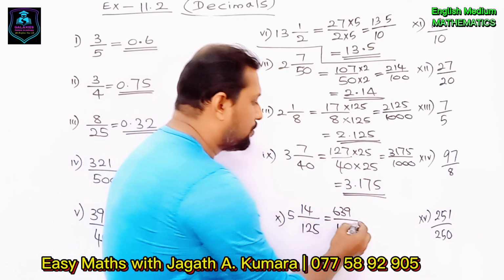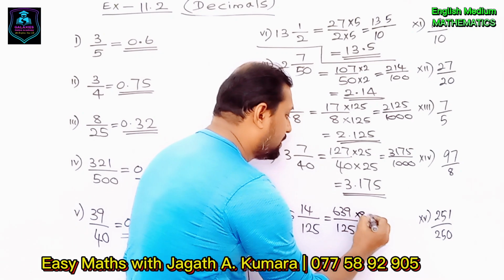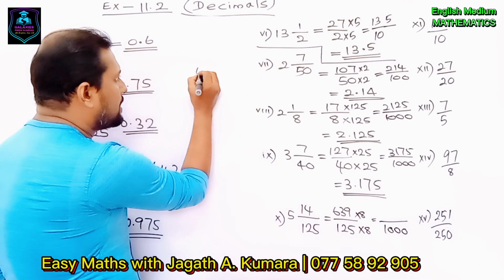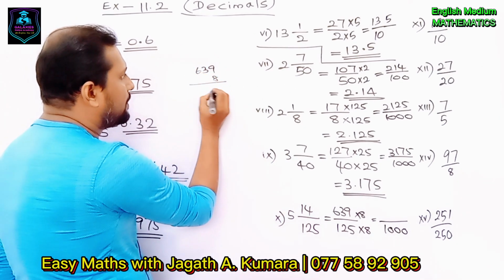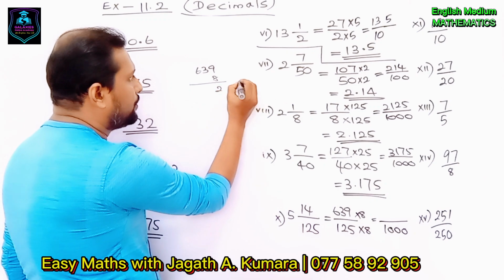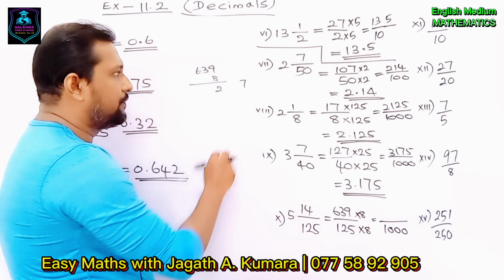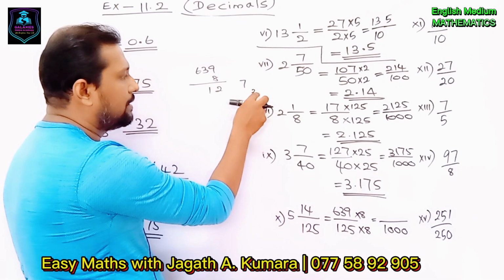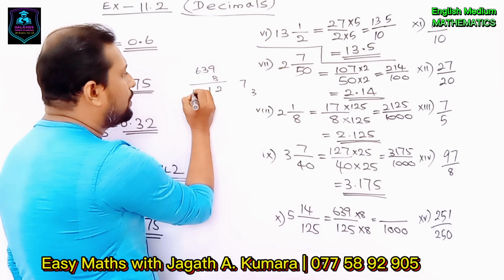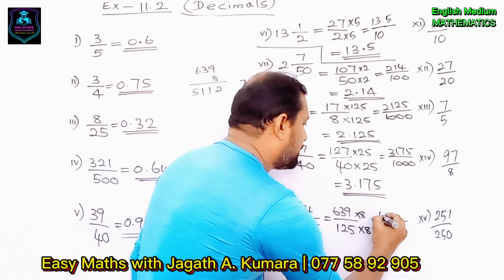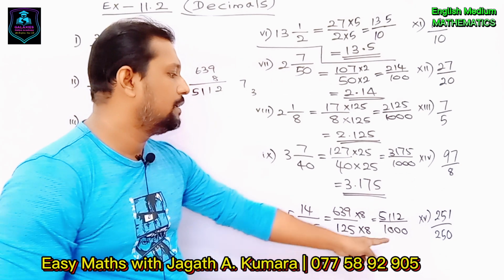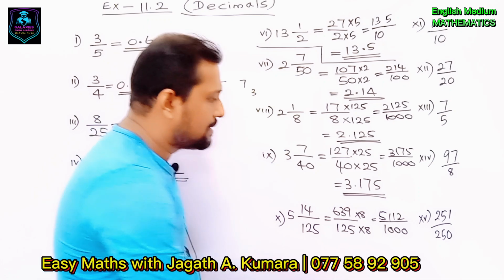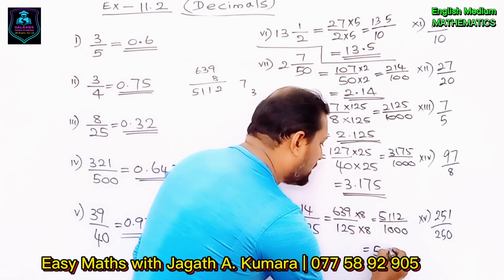You have to multiply by 8. Then you can convert into 1000. Also 639 you have to multiply by 8. 8 times 9, 72, remaining 7. 8 times 3, 24, plus 7, 31, remaining 3. 8 times 6, 48. 48 plus 3, 51. So 5112. Then the denominator is 1000, so you have to keep 3 decimal places. So the answer is 5.112.